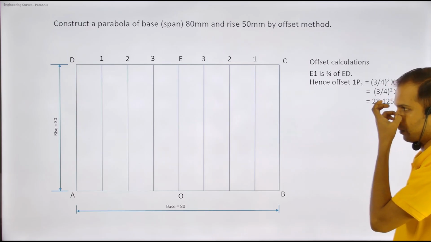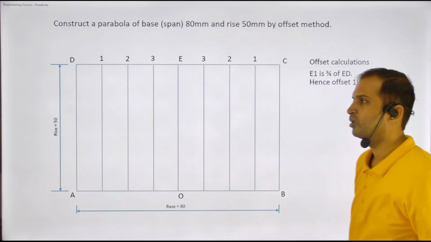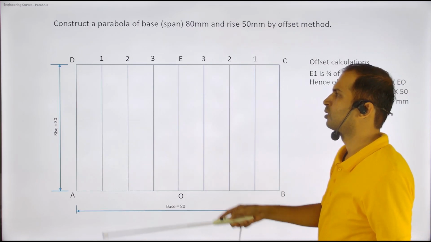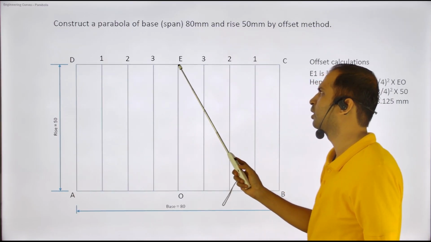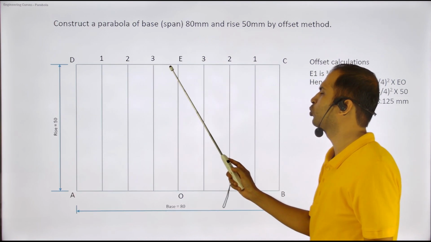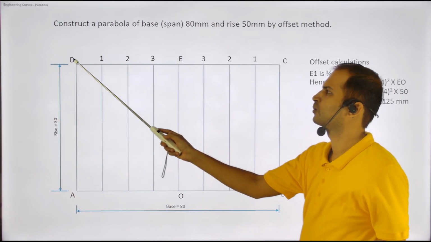No, we are not dividing this AD into equal parts. AD we are not dividing at all. We are trying to plot a point. Suppose one point is over here. This is going to be the 3/4 part of the whole line ED.